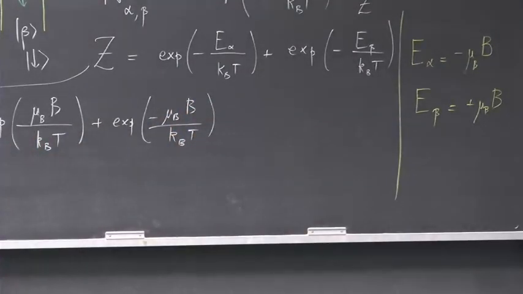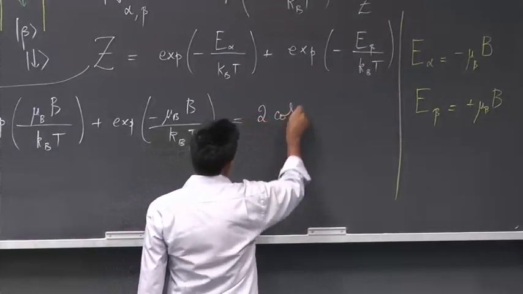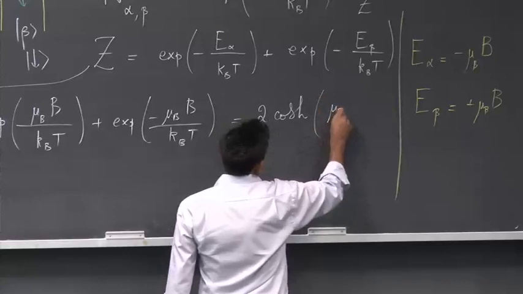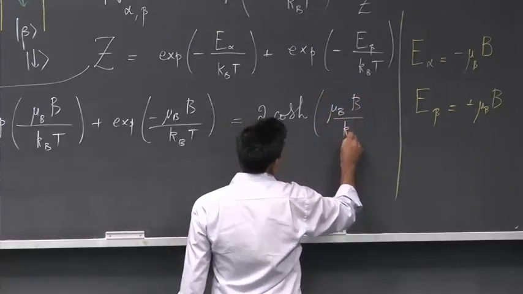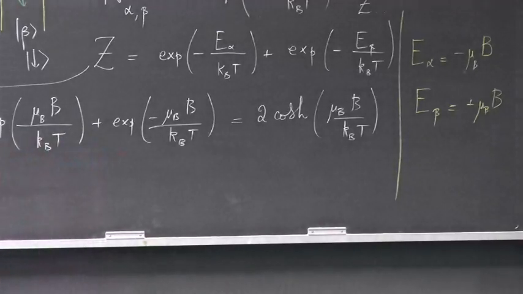This is nothing but 2 times cosh of mu B B over kBT. Okay, so we've derived the partition function. This is the partition function for a spin half inside a magnetic field. The field has magnitude B, the system is at temperature T, just coming out from the Boltzmann distribution.